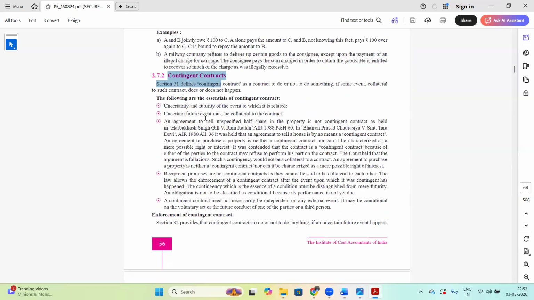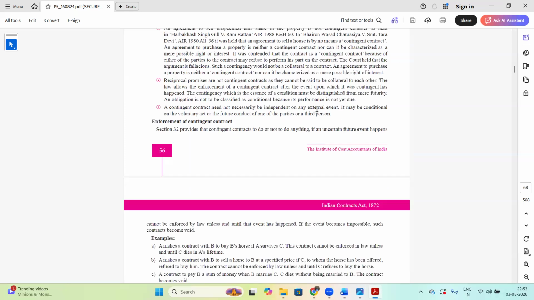What is a contingent contract? For example, insurance, based on the happening or not happening of an event. These keywords are very important. Even if you understand the concept and write it in the exam, the invigilator will be looking for a keyword. Based on that only, you will be able to score.